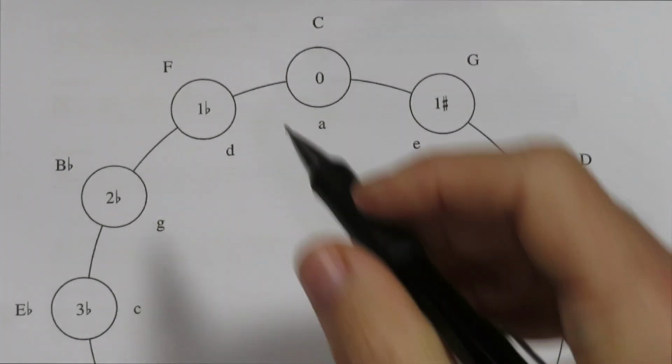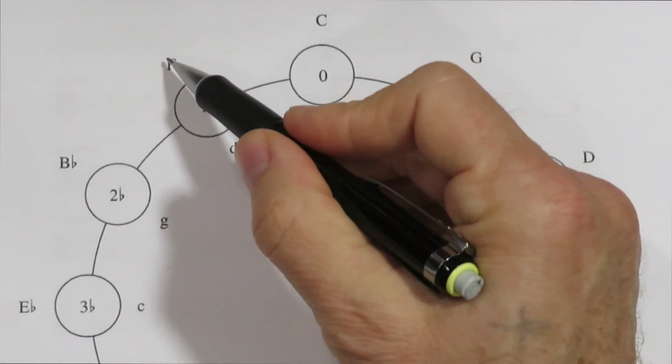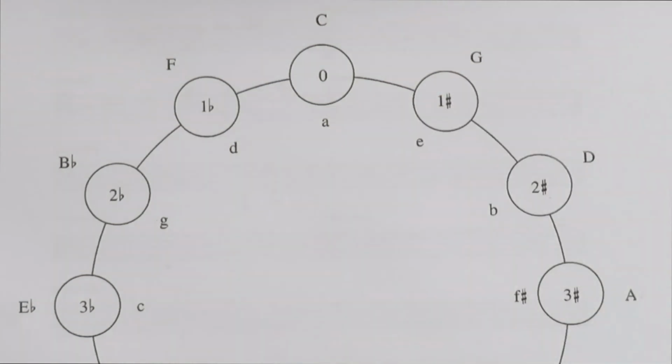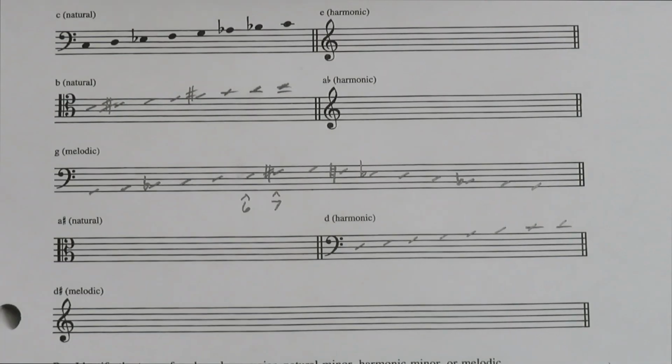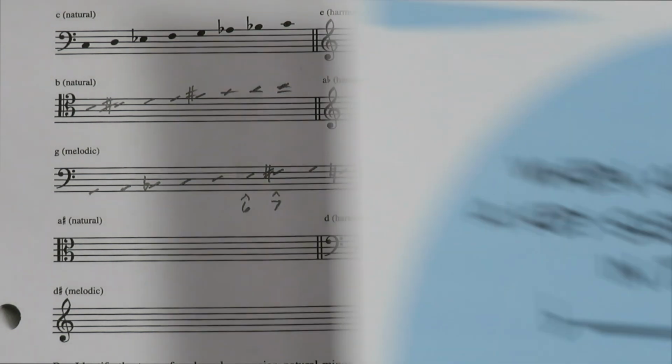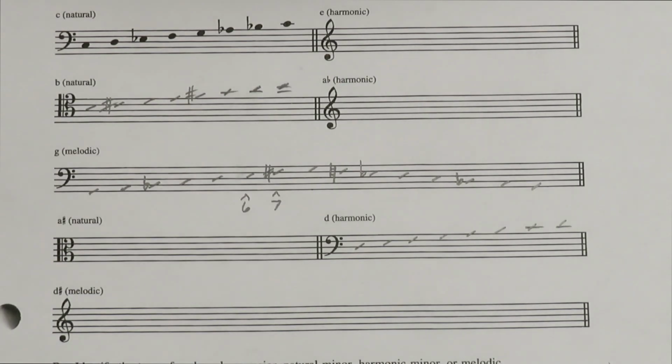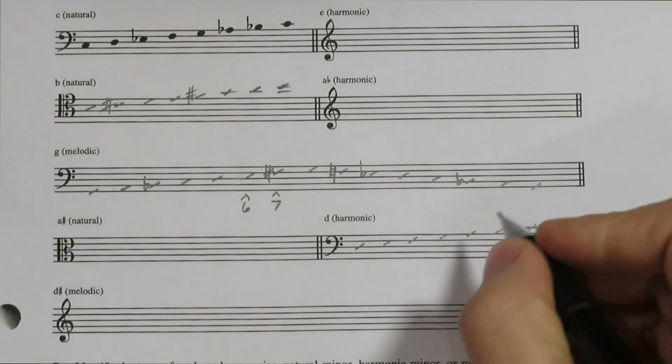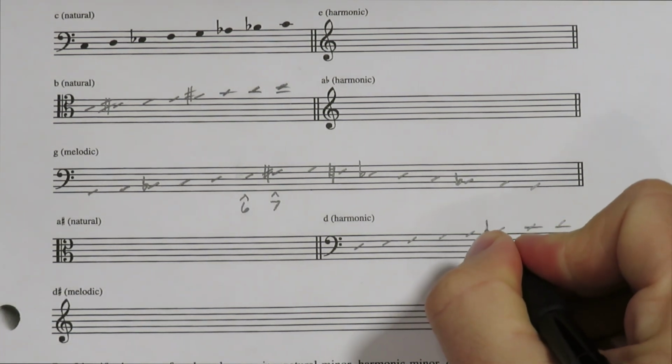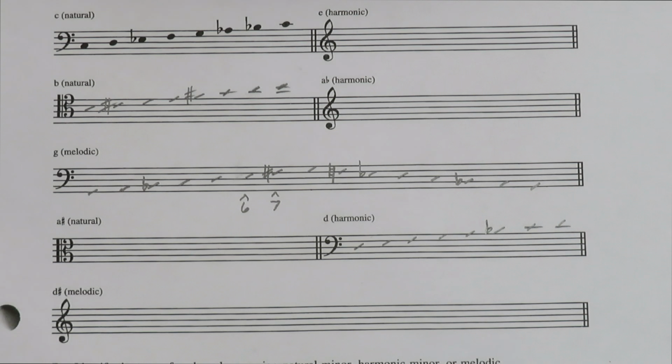So D minor is relative to F major, which has one flat. And the first flat in our order of flats is the B, right? Okay, so let's flat the B. And then we have the natural minor scale.